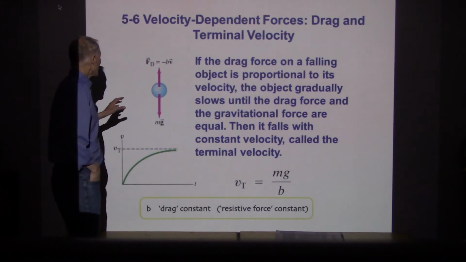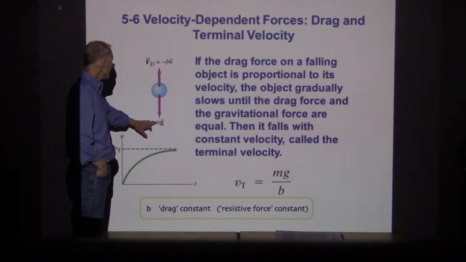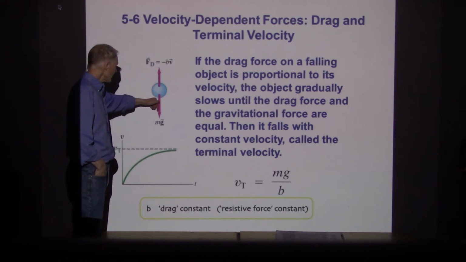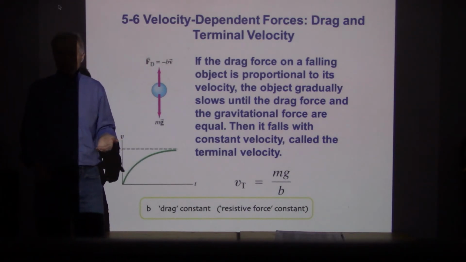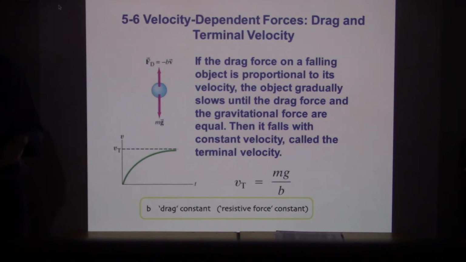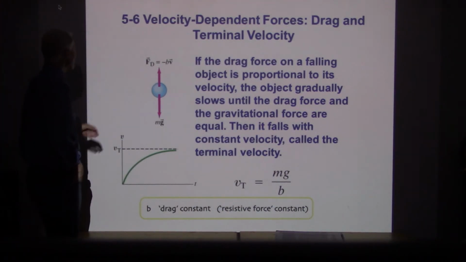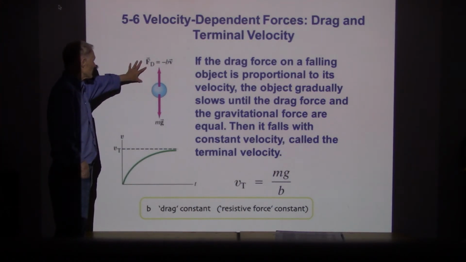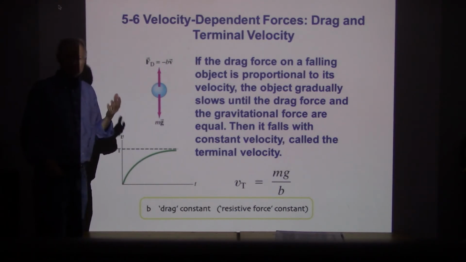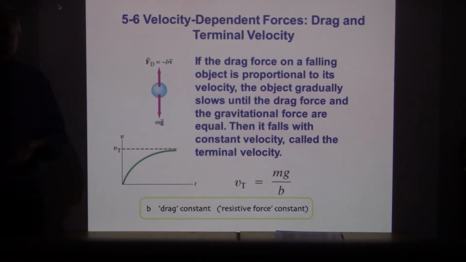So here we are. Here's an object. It's got a mass of m. And here is the gravitational force pulling this object down. What we left out back in chapters 2 and 3 with gravitational forces was air resistance. Air resistance can be complicated, kind of like friction is complicated.